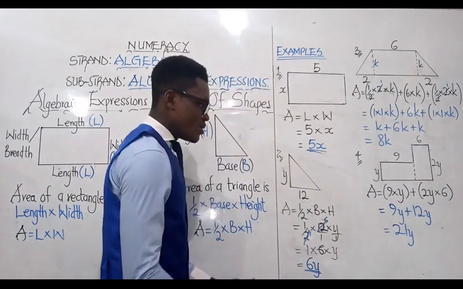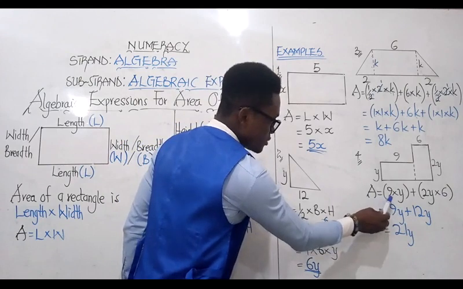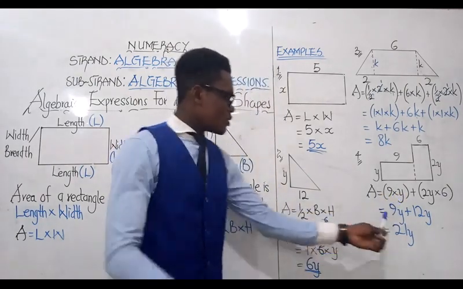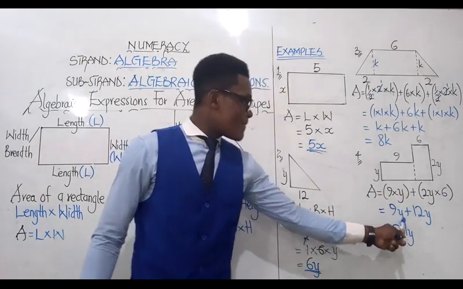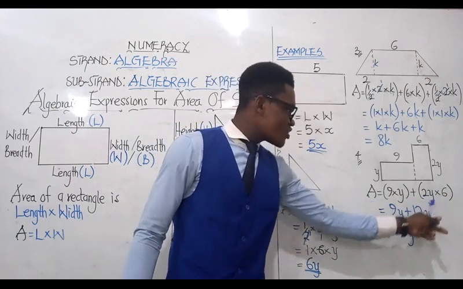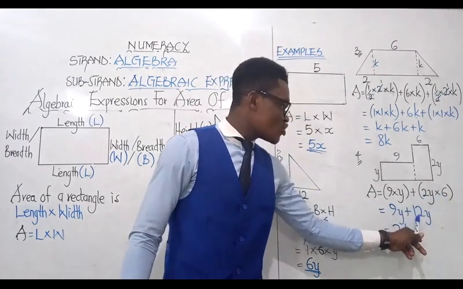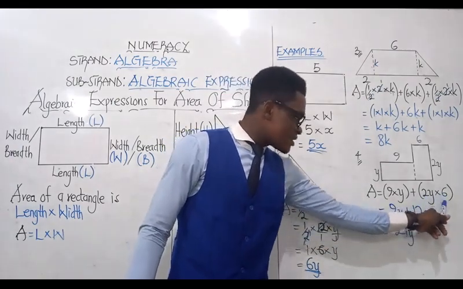From there we multiply the numbers in the brackets. So 9 times y gives us 9y, plus 2y times 6 gives us 12y. 2y times 6 is 12y.